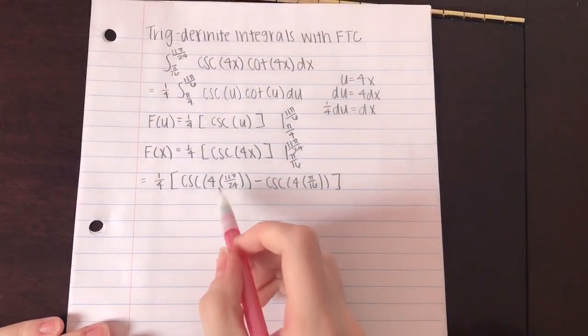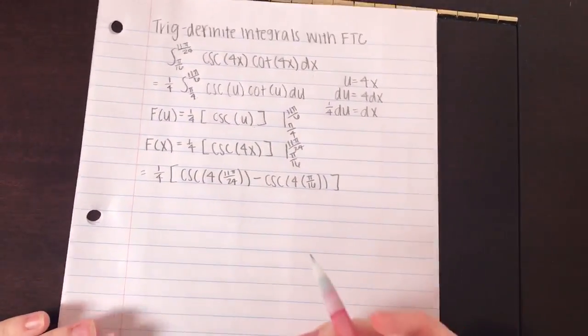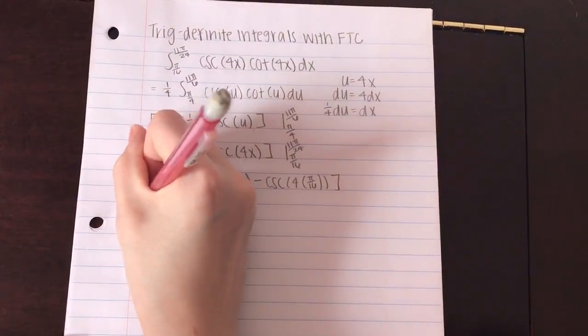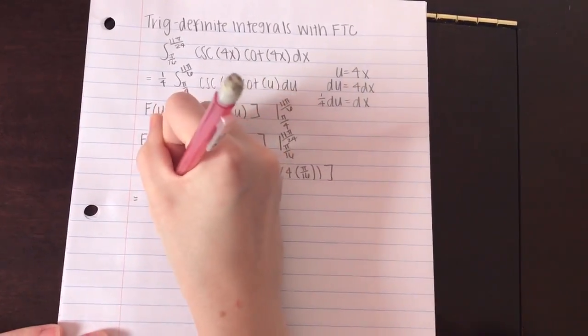So after you do that, we're going to plug in our 4 into the 11 pi over 24 and the pi over 16. So we're still going to have our 1/4 out in front.